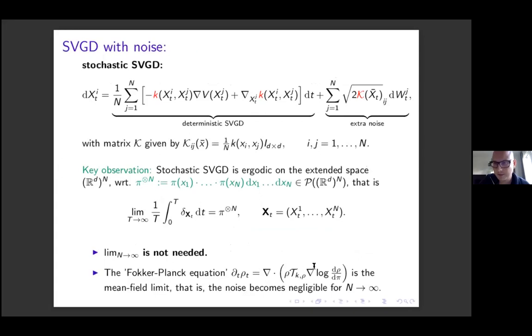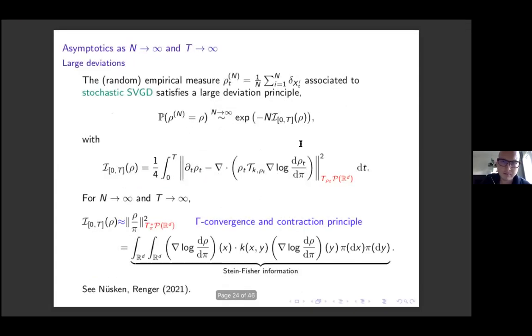We can make this statement in a more quantitative way. We look at the empirical measure associated to the SDE, which is a random measure, because there's noise in the system, and this satisfies a so-called large deviation principle.